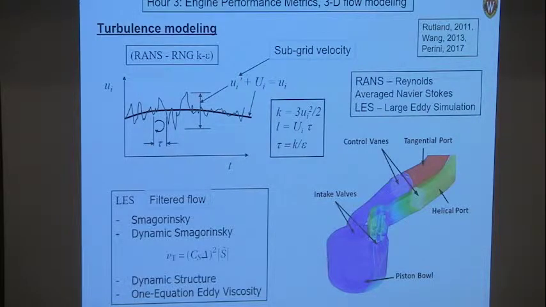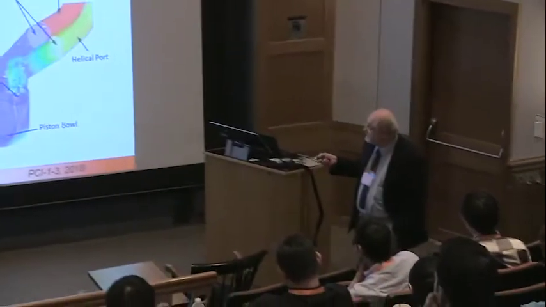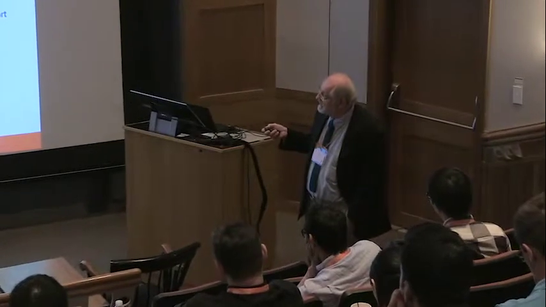So in a way, it's easier to understand the results. But if you want to compare against an actual single cycle engine experiment, even LES is difficult because although it's supposedly tracking each of these eddies that correspond to the fluctuations, you don't know whether that particular cycle corresponds to the one that you calculate. So it's very difficult.